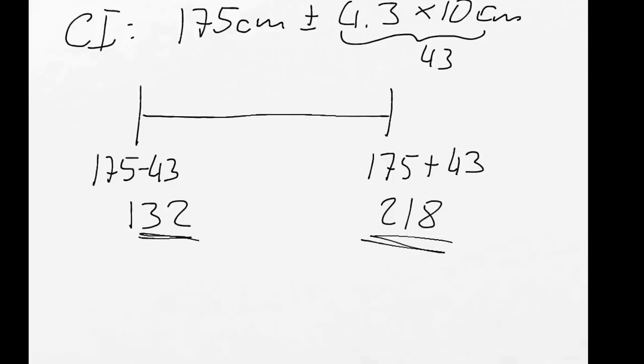Where exactly it lies, I don't know. But I know that it is fairly certain, not 100% certain, but it's fairly certain that it is between this range here. Yeah? That is what this confidence interval tells me.